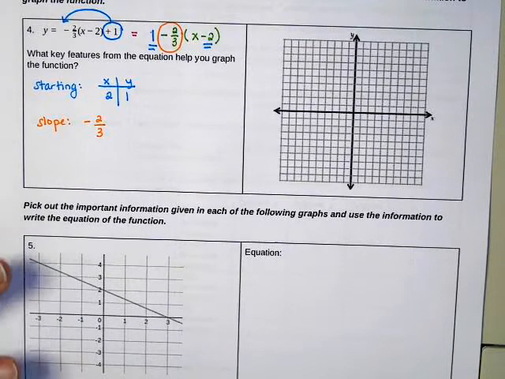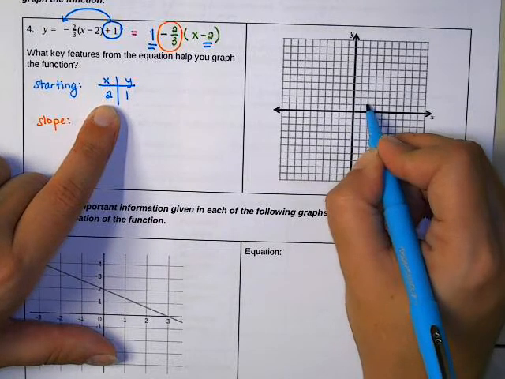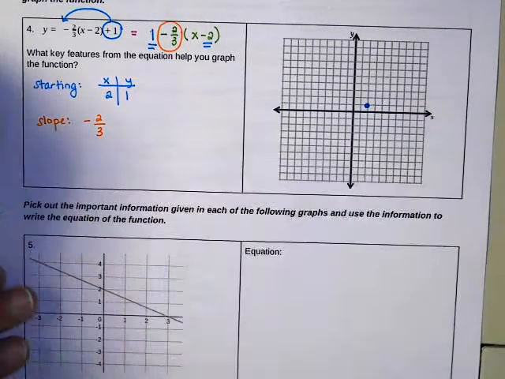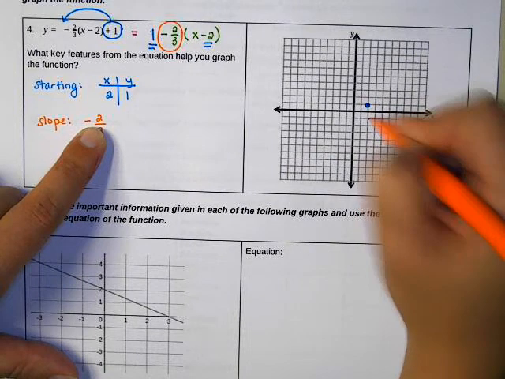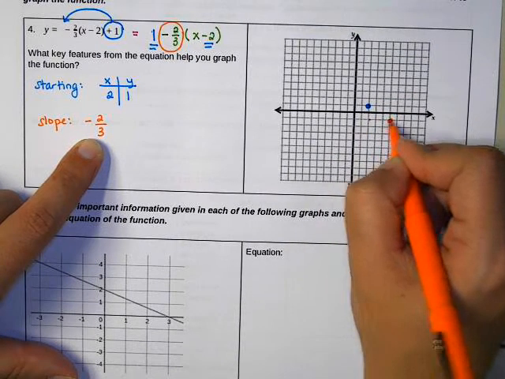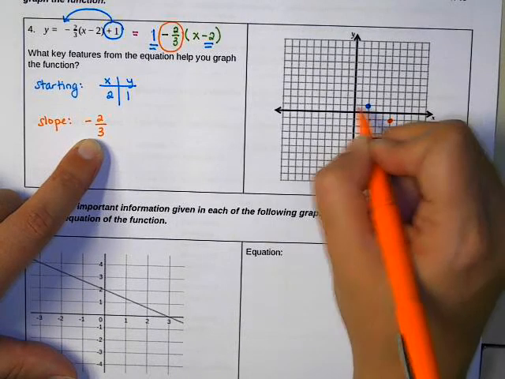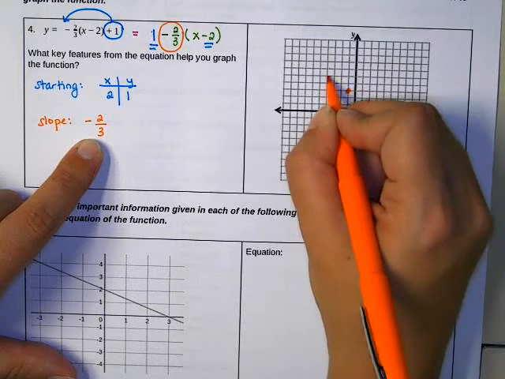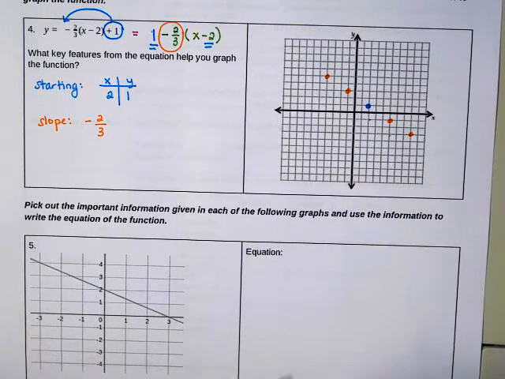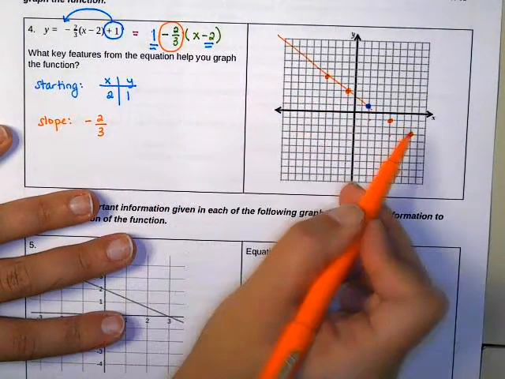Using that information, I can make my graph. So I'm going to start at 2, 1, and from there, I'm going to go down 2, right 3. I'm using rise over run. Down 2, right 3. Or I could go up 2, left 3. Once I do that, I would just draw a nice straight line through my points.